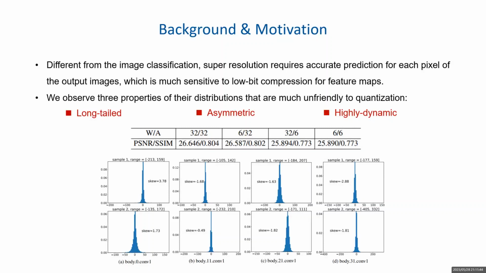The second is asymmetric. The density on the two tails of the distribution is asymmetric. The third is highly dynamic. The activation range varies even by twice for different input samples. Therefore, the existing PTQ methods, which are designed for image classification, cannot be transferred to the SR task directly.